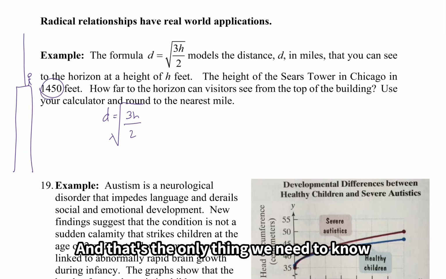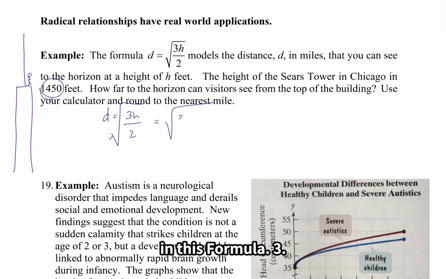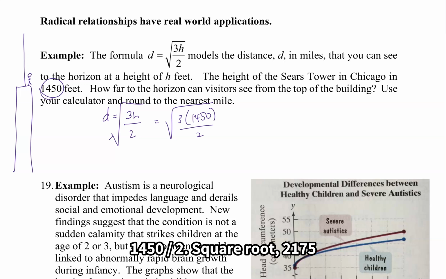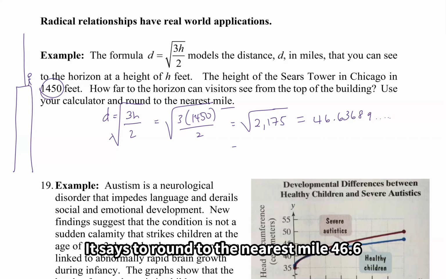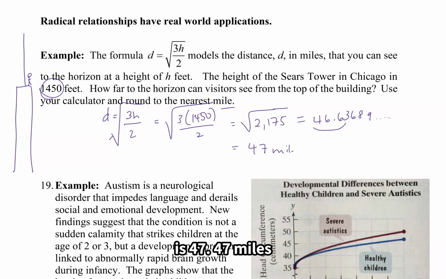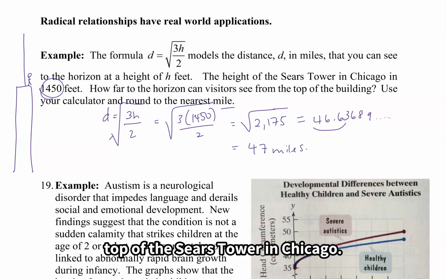And that's the only thing we need to know in this formula. 1450 divided by 2, square root, 2,175. We end up with 46.63689522654. That's just to round to the nearest mile. 46.6 is 47. 47 miles we can see from the top of the Sears Tower in Chicago.